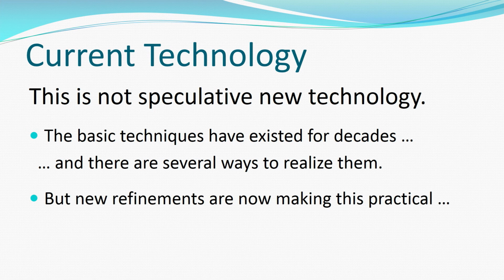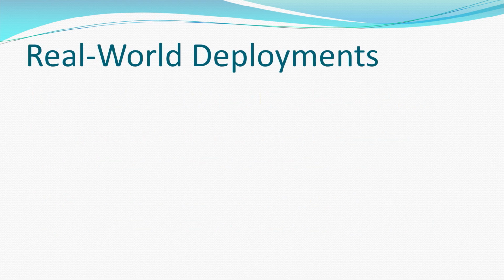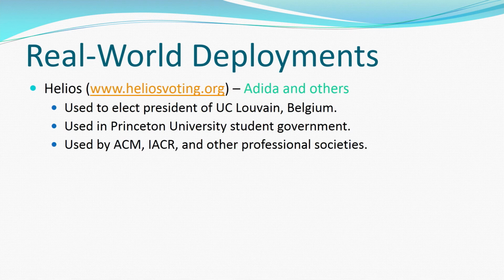But there are new refinements that have come along in the past few years that make this practical and doable, and this is just at a great time because we really have the need right now. So there have been some instantiations of this, some deployments. It's important to talk about Helios, especially with Ben right here.